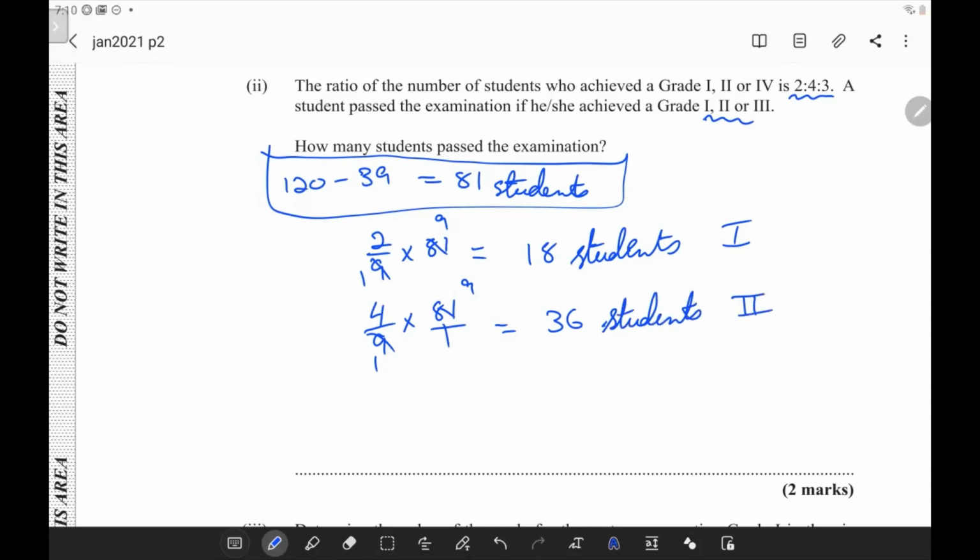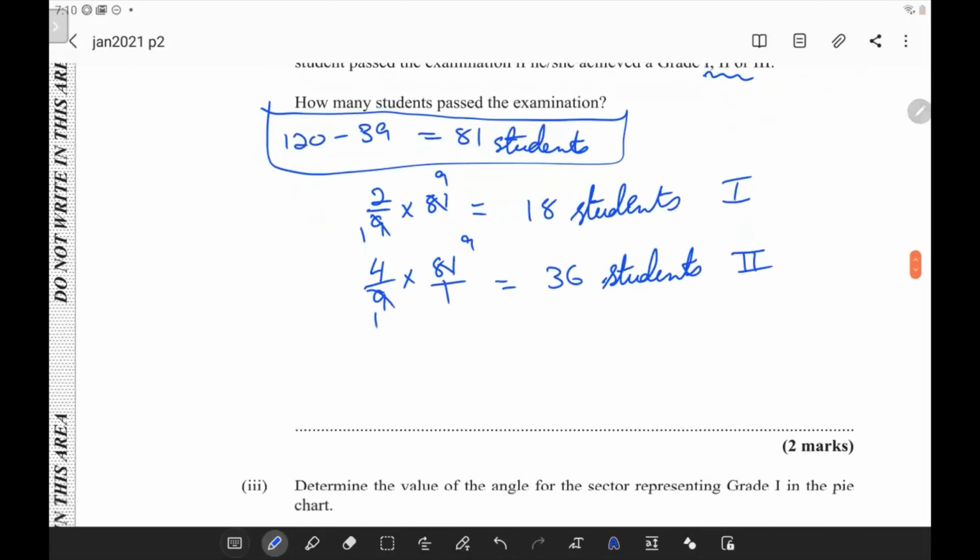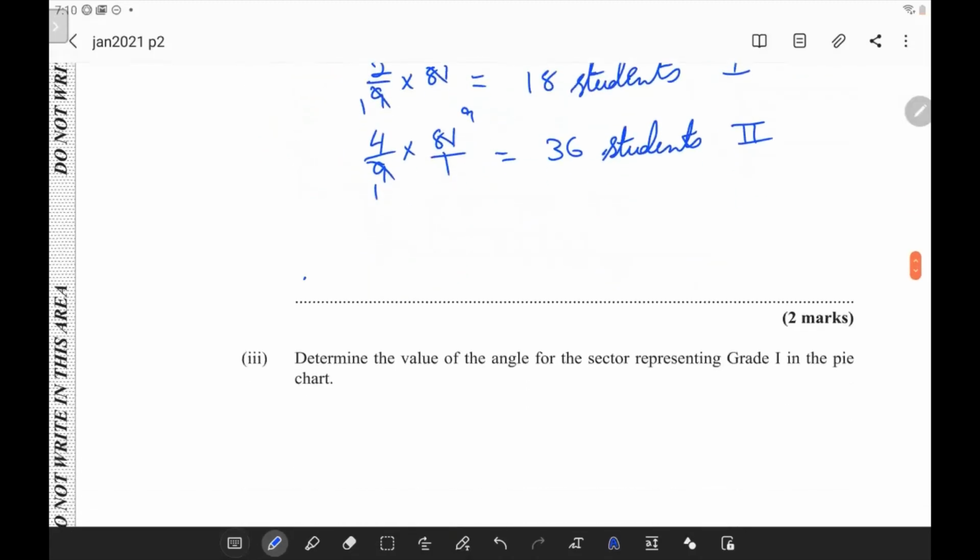And we already know how many students got grade 3s, 39. So how many students passed the examination? It will be 18 plus 36 plus 39 students, which is equal to 93 students that passed the exam.